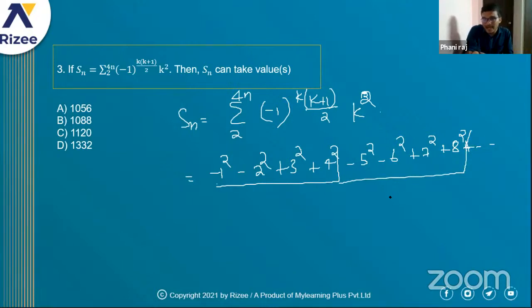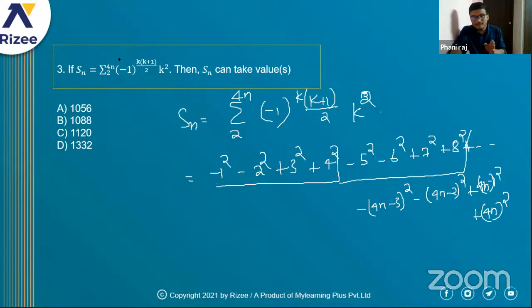So they want to help you: minus 4n minus 3 whole square minus 4n minus 2 whole square plus 4n minus 1 whole square plus 4n square. Only if the upper limit is a multiple of 4, you can get a closed form expression. Otherwise, you'll have to do some extra complicated things, which they didn't want. So choosing the upper limit to be 4n will simplify your life.